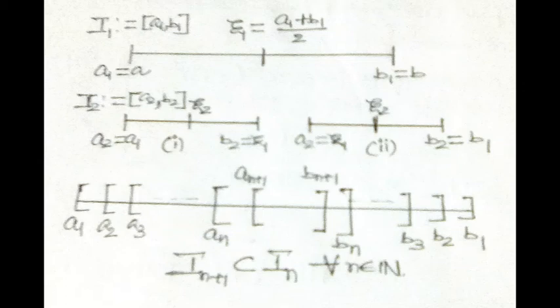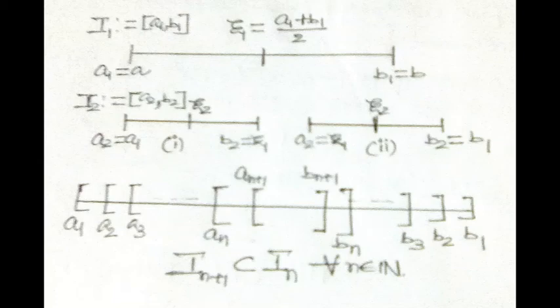So if we continue for a bigger number of steps, we will get a smaller subinterval. I have mentioned that the nth interval will be bigger than the (n plus 1)th subinterval, because this is the basic idea of a nested sequence of intervals.